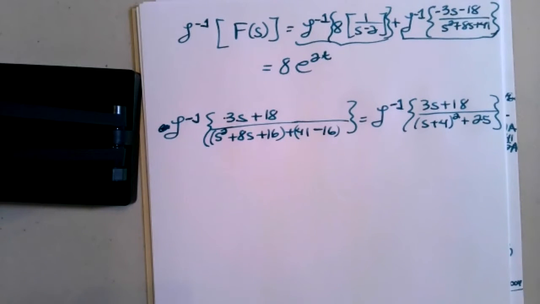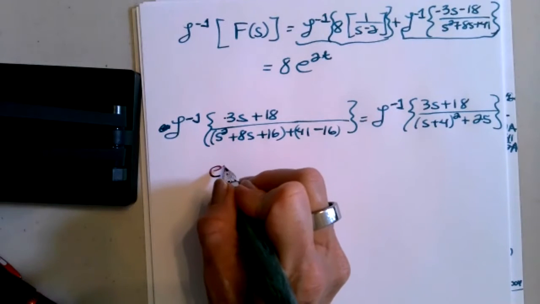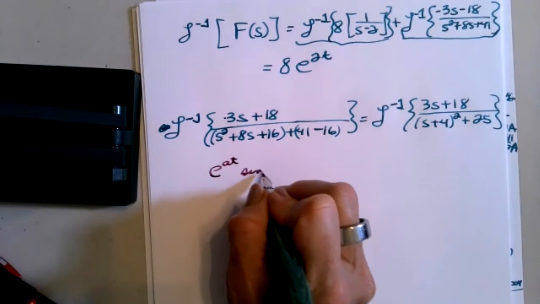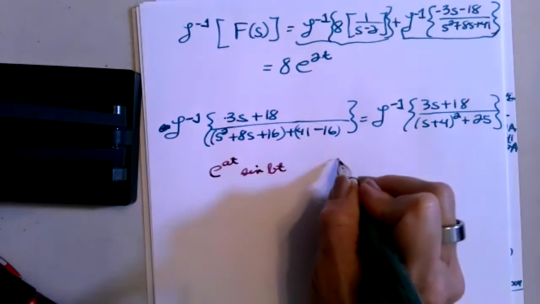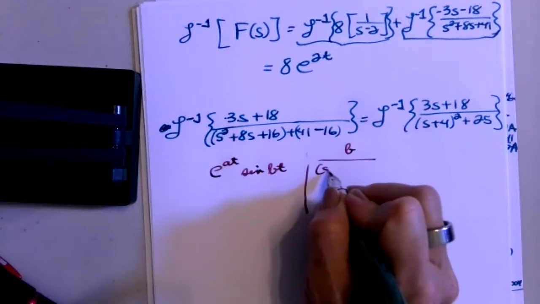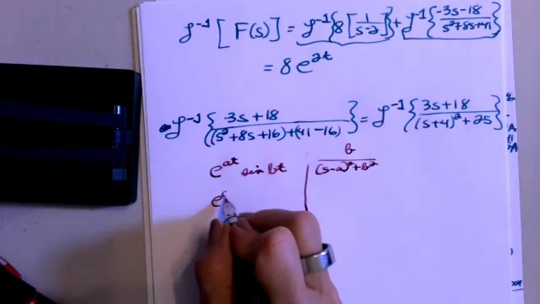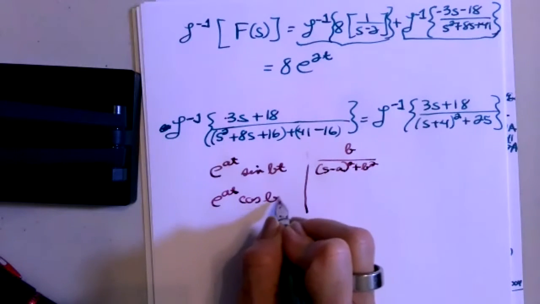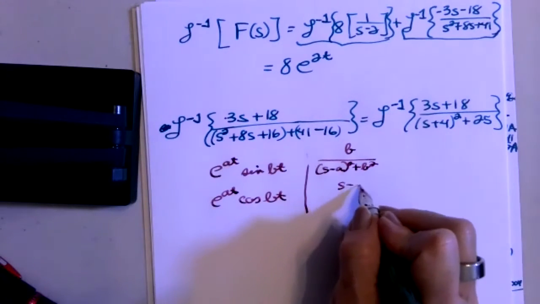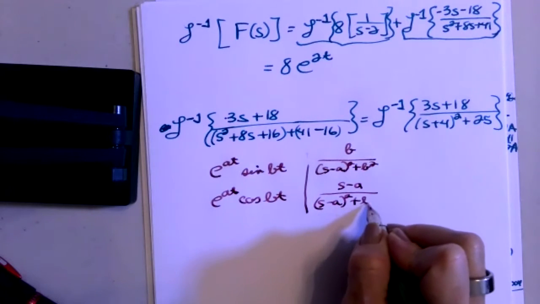Let me write it in a different color so it'll stand out from this. On the chart, you have e to the at sine bt is b over s minus a squared plus b squared. And e to the at cosine bt is s minus a over s minus a squared plus b squared.